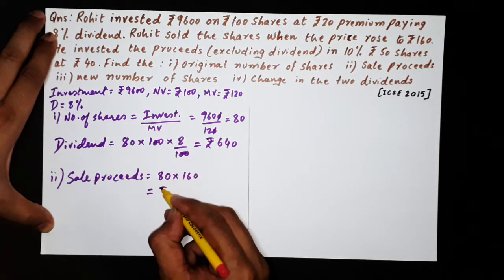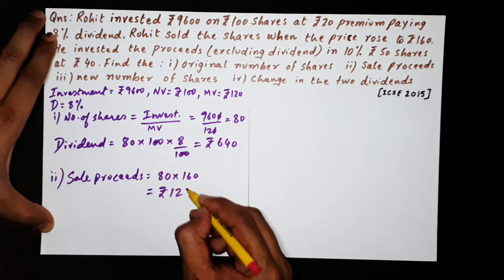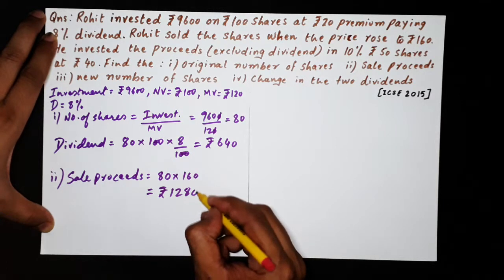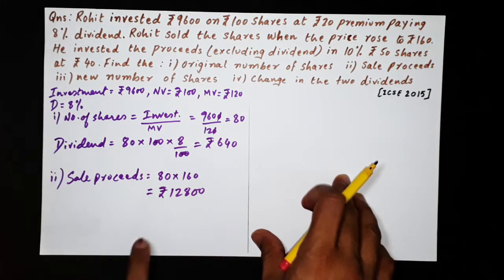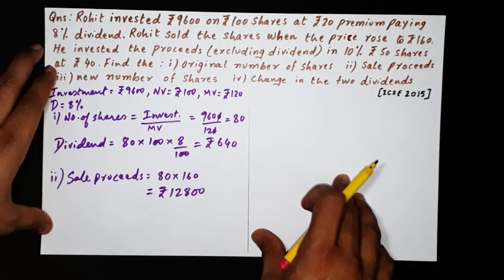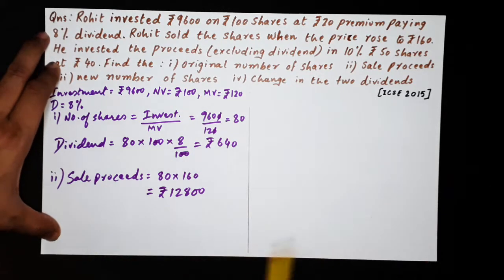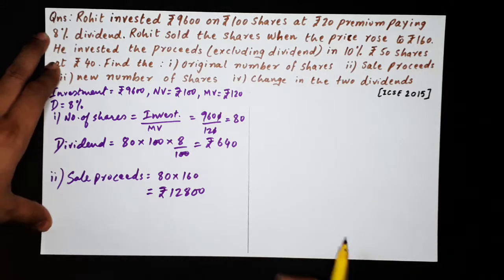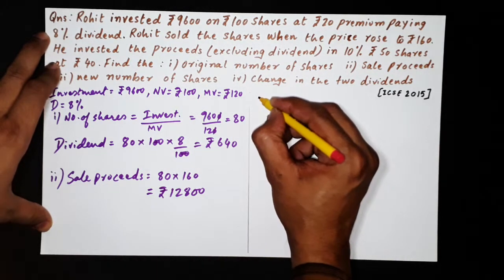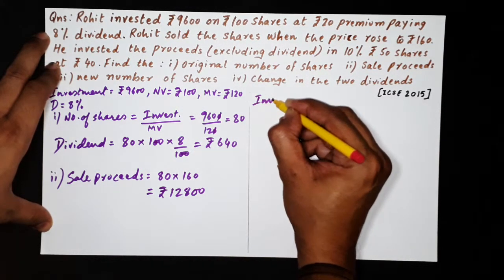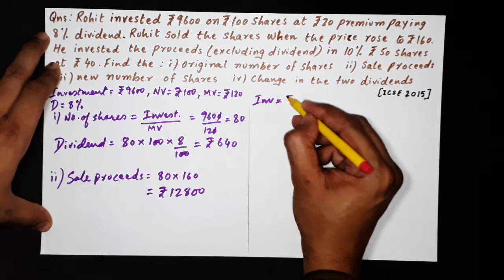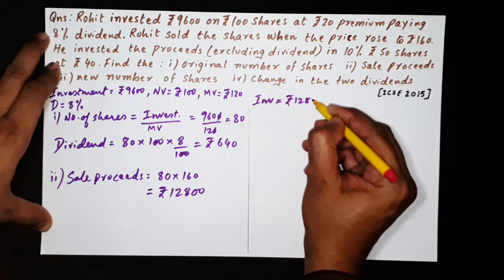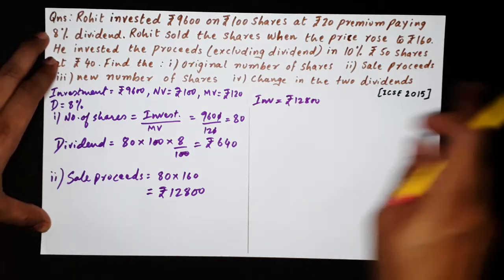So that comes as rupees 12,800. This 12,800 rupees is the sell proceed. Now he is investing this money in another company. So the investment for the next company becomes 12,800 rupees. Let's read further.